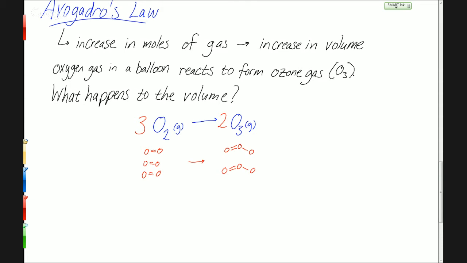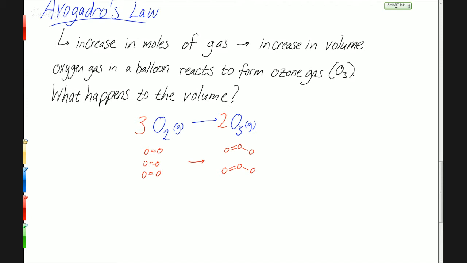How have our moles of gas changed? They've decreased, yeah. We started with whatever amount we started with, we're going to have 2/3 as much of that after the reaction is done in moles.